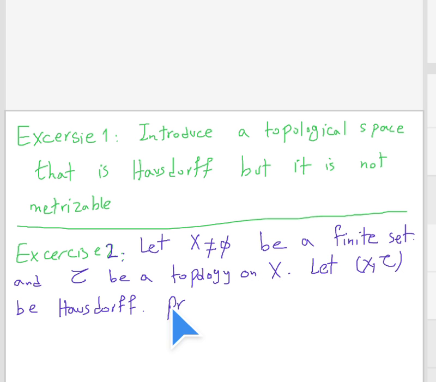Prove that τ is the discrete topology. Indeed, this is the discrete topology.